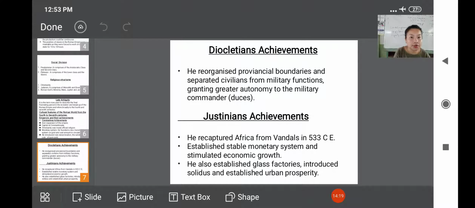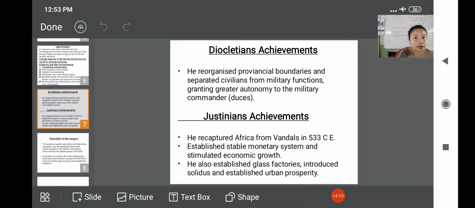He established a stable monetary system, focused on economic growth, established glass factories, and introduced solidus, establishing urban prosperity.